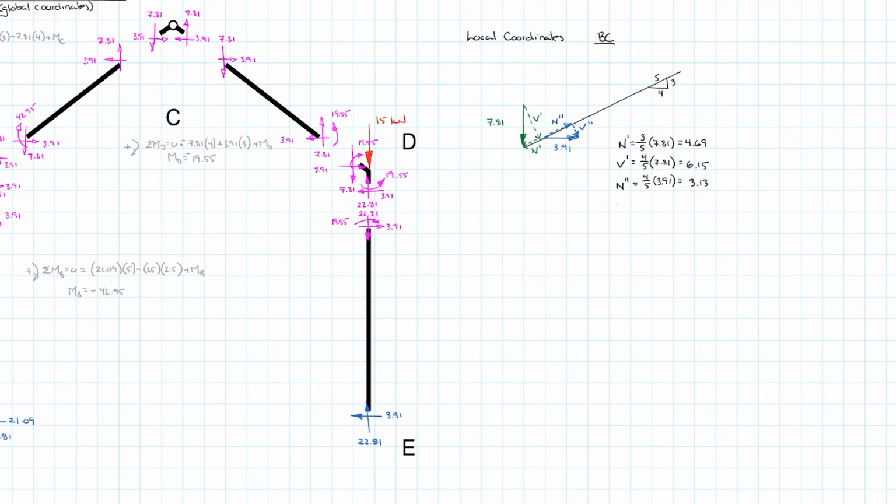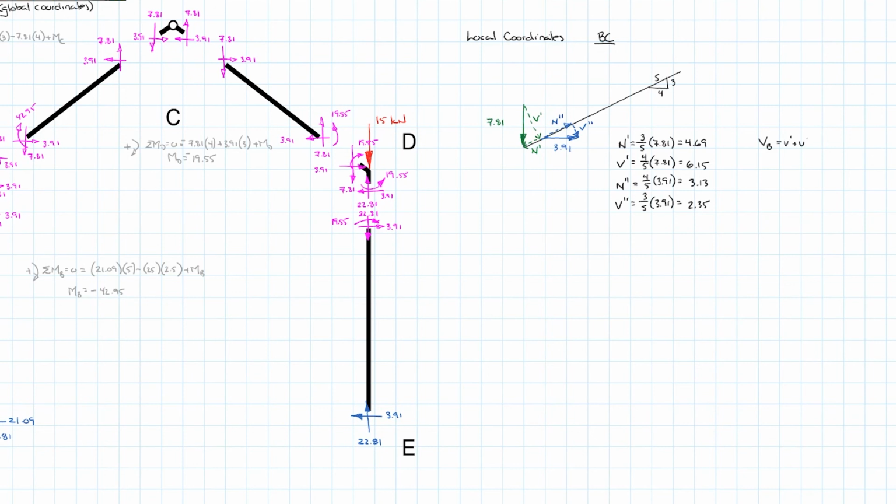3.13, and then V double prime is equal to 3/5 of 3.91, or 2.35. Now, I haven't given these any signs. We have to draw our direction or sense from the diagrams themselves, and so that means that the shear force at B in the local coordinates would be equal to V prime plus V double prime, because they're both going in the same direction.